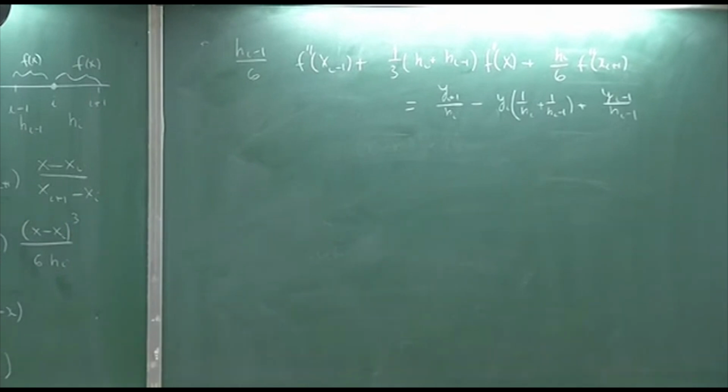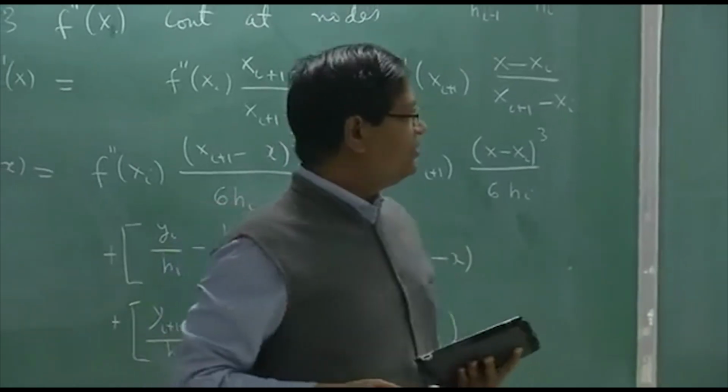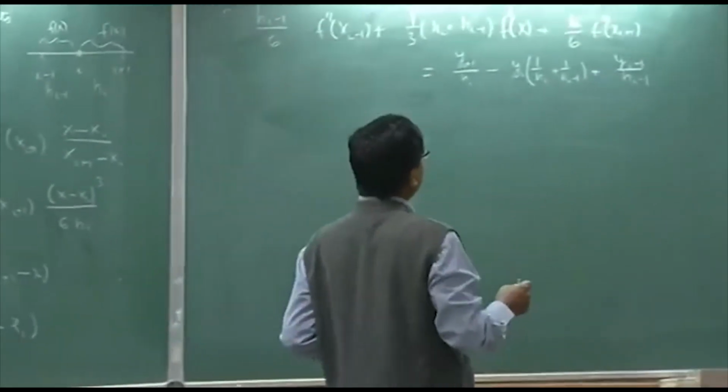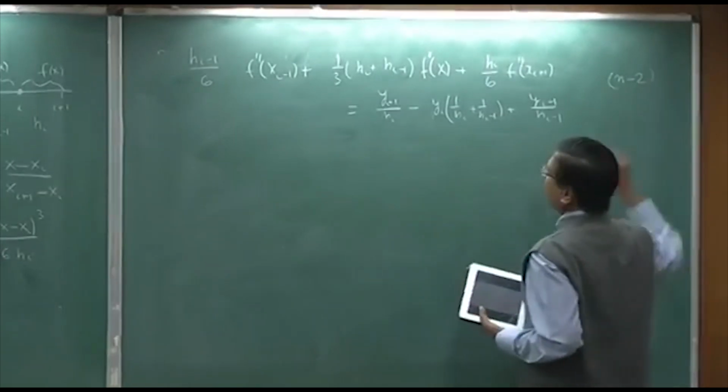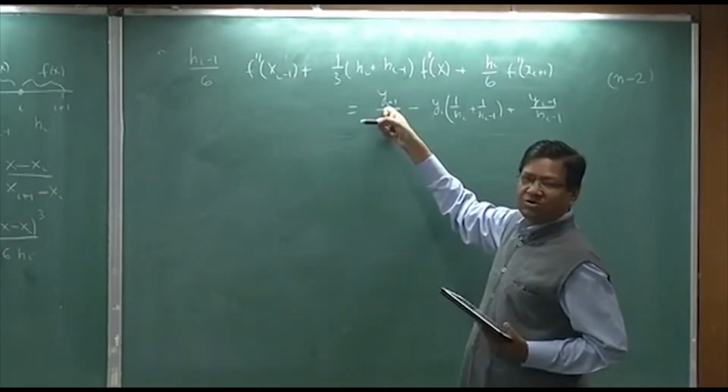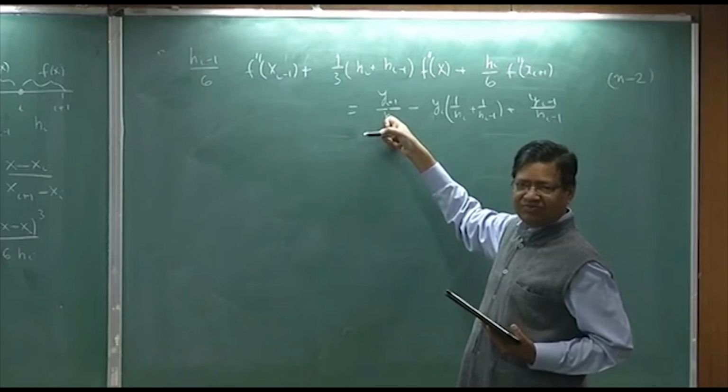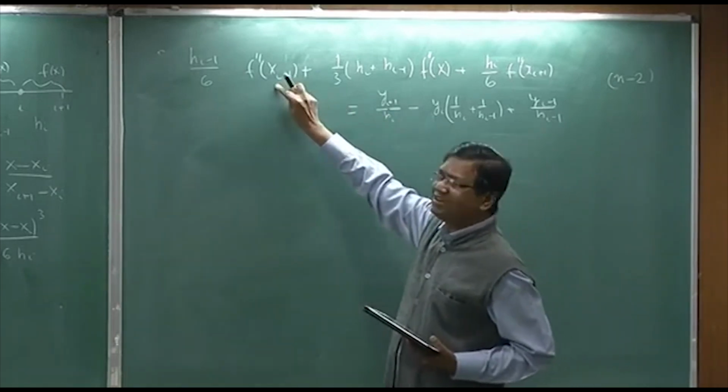So how many equations will I get like this? I can set it up only from the intermediate points; I can't set it up at the endpoints. So I get n minus 2 equations. These are known: the y_i and h_i are known. What is not known is the second derivatives.